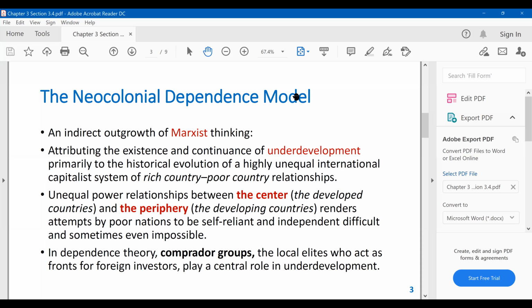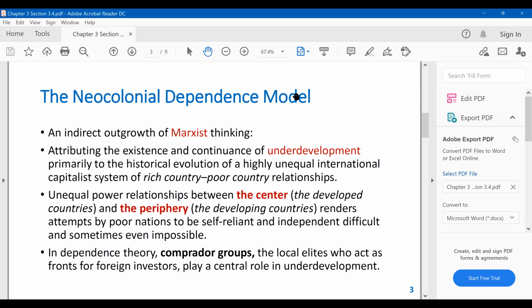And then there's the periphery. The periphery countries could again be decomposed into two further classifications. One would be the center of the periphery, meaning developing countries that exhibit some fast growth or more signs of independent development.